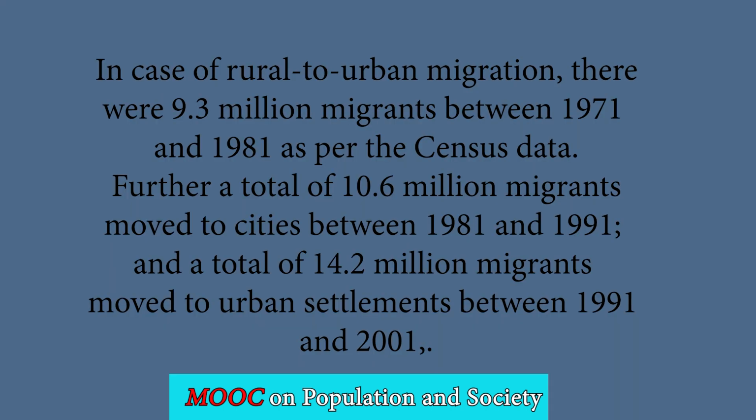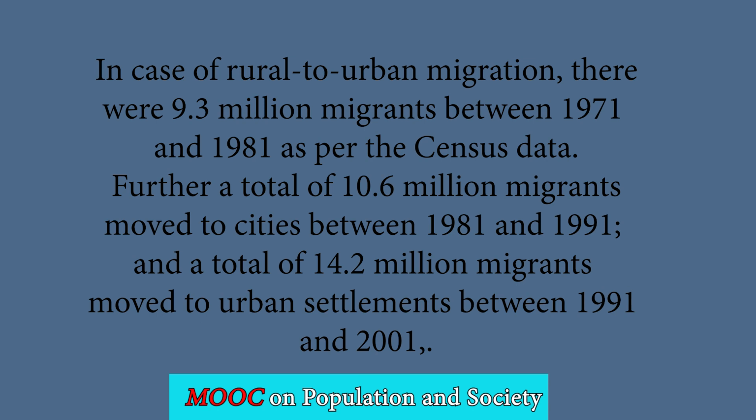Again, an article by Ramanath Jha of Observer Research Foundation states that in the case of rural to urban migration, there were 9.3 million migrants between 1971 and 1981 as per the census data.